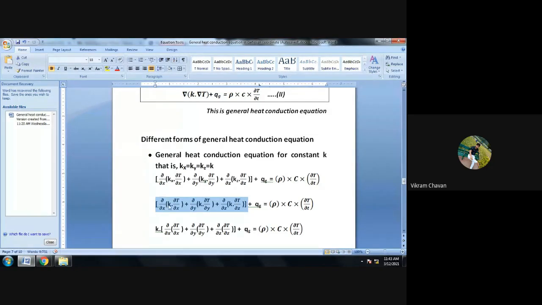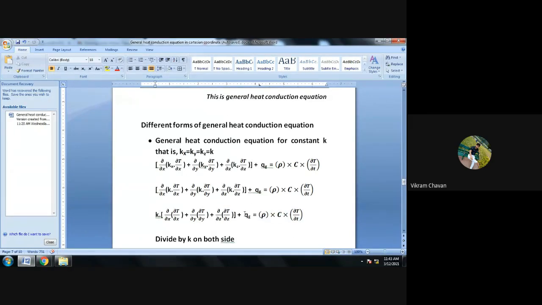It is not changing with respect to axis, so we have taken k common and we get the equation: k multiplied by the bracket of the double derivative, partial differentiation with respect to x of temperature change with respect to x, plus differentiation with respect to y of temperature change with respect to y, plus differentiation with respect to z of temperature change with respect to z, plus qg is equal to rho multiplied by c multiplied by ∂T/∂t. Now we have taken the k common.